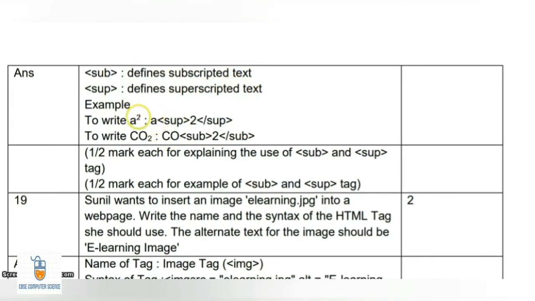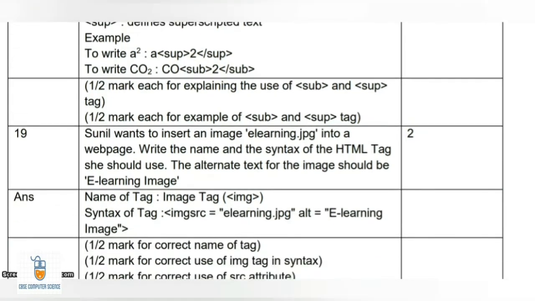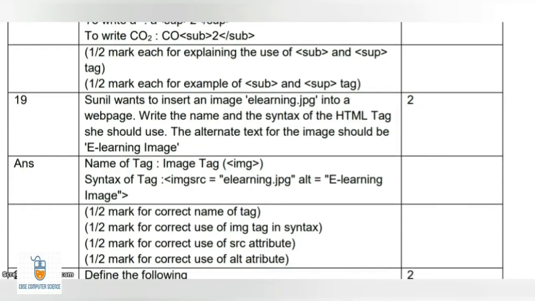So here in the example, you can see to write a square, we use sup 2, then sup close. Same way for CO2, we use CO sub 2, then sub close. So only the number which we want to convert into power or base has to be enclosed within the tags.